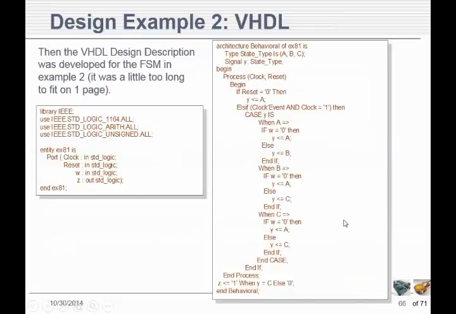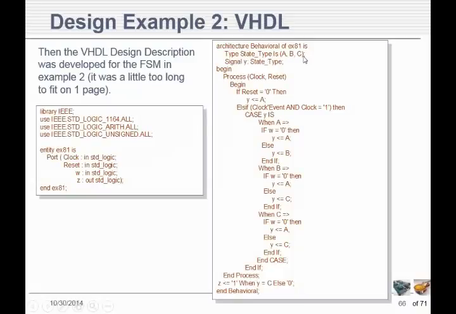Okay, here's how I did it in VHDL. This was the first part. Then I did, this is interesting. I don't know if I showed you this on the last one, but you can put a new type of variable in there if you want. In this one, I said the new type is a state type. It could have been state, but I wasn't sure if state was a reserved word, so I said state type.